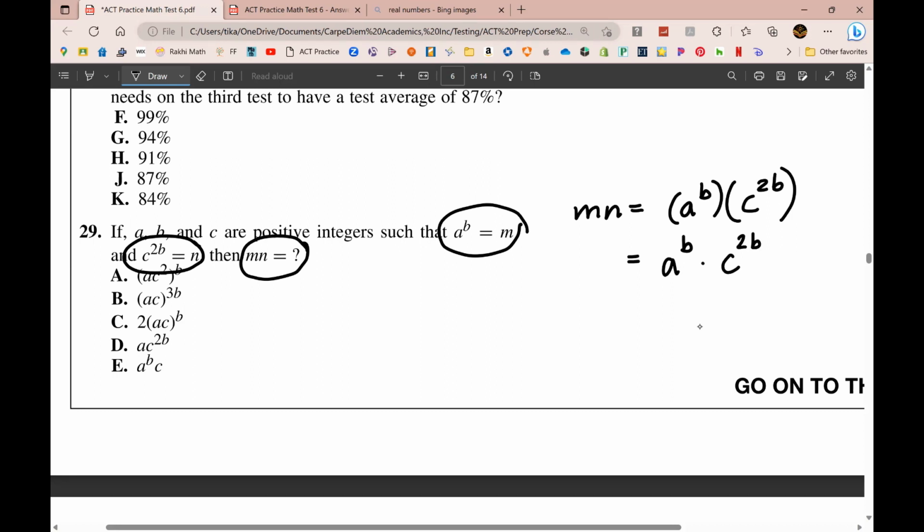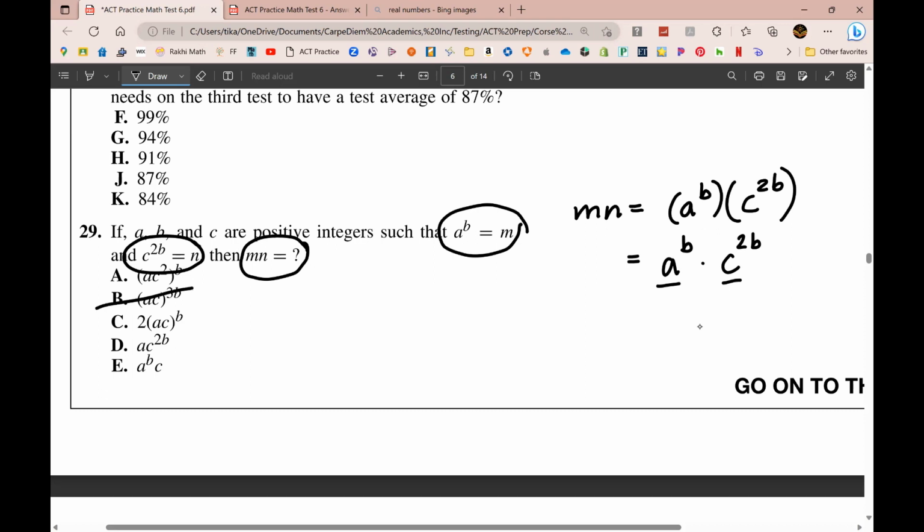Now, is there anything that we can do to help us pull this together? Well, I know that A and C are different bases, so we cannot just add B plus 2B and make it AC to the 3B. That's not possible.